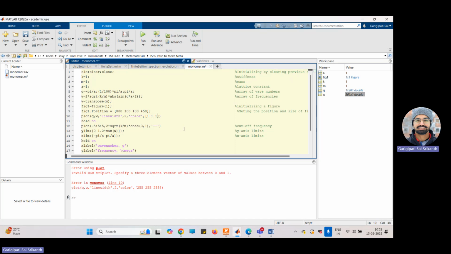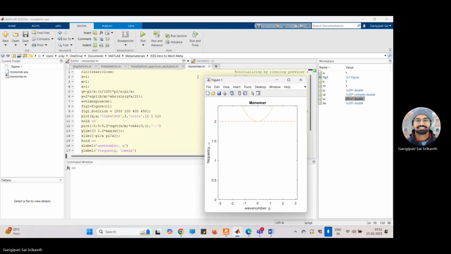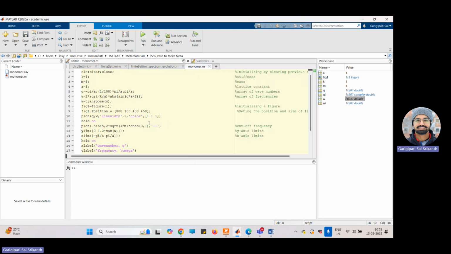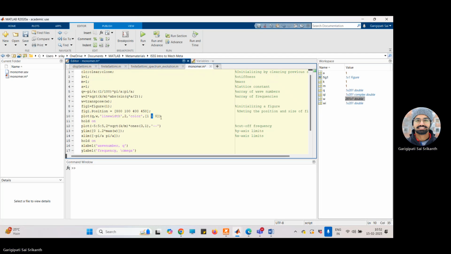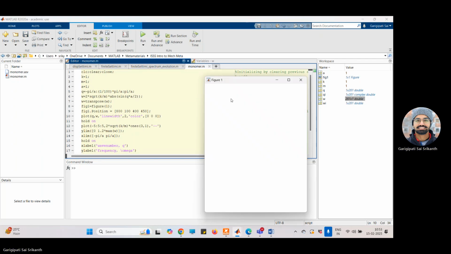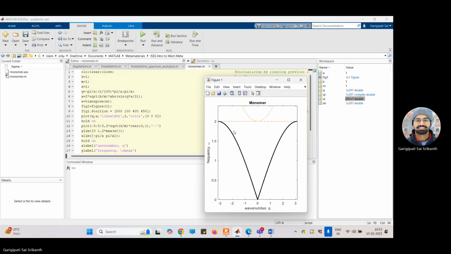If all are 1, then we get white. All are 0, I'm guessing you get black. Black. Awesome.